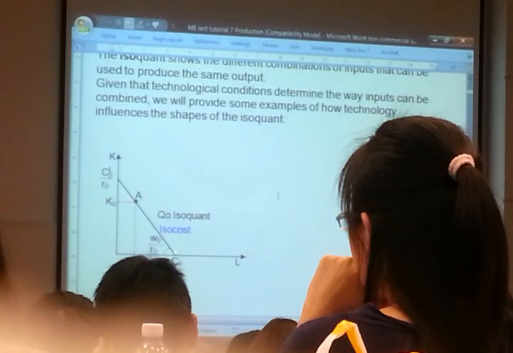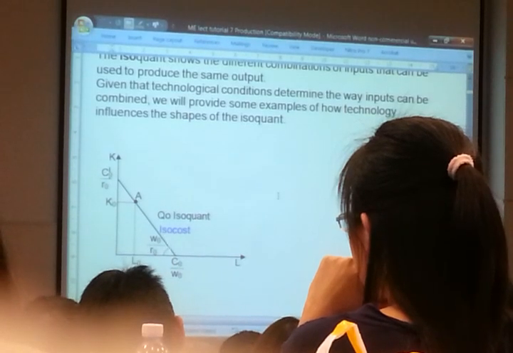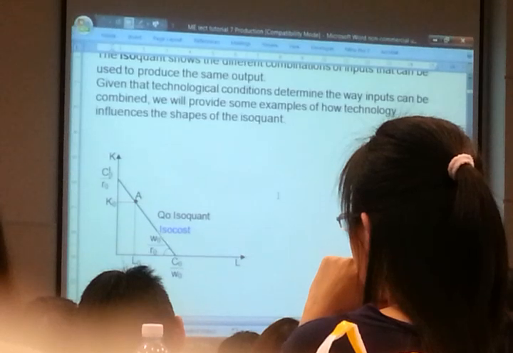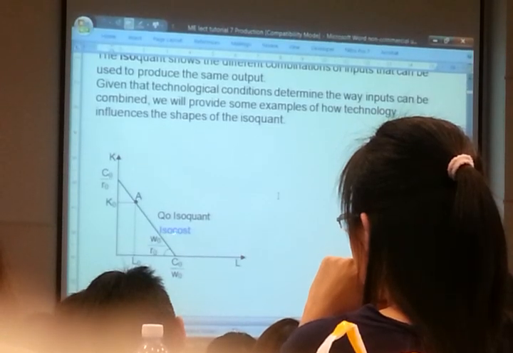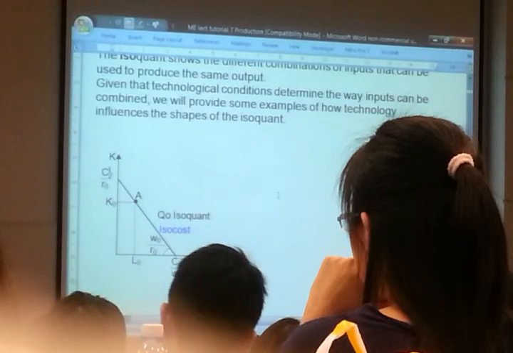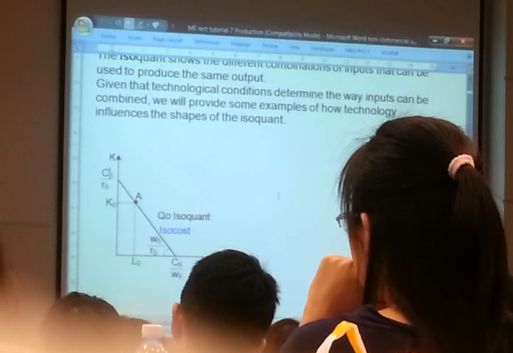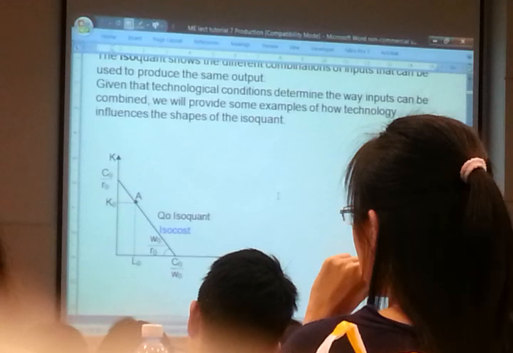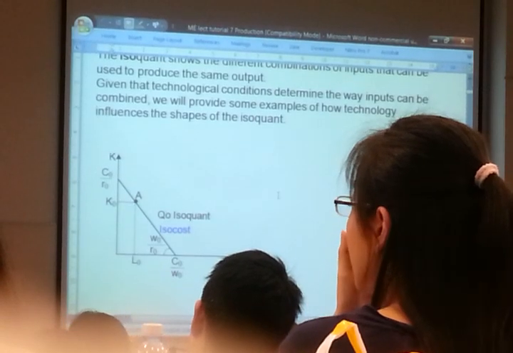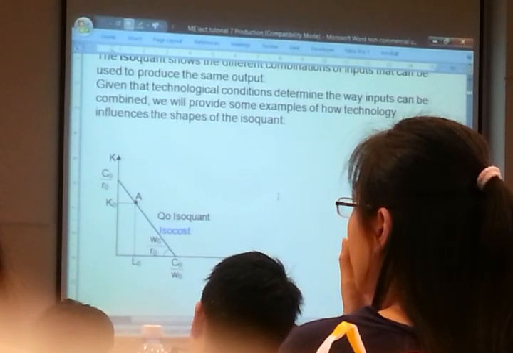You read down C naught. What's the wages? You read down W naught. What's the interest rate? Every point on this line, you read down R naught. So because this is an equal cost line, they use Latin, equal means ISO. That's why the name of this line is ISO cost. Understand? That's all. Otherwise, it's simply just the budget constraint of the firm.